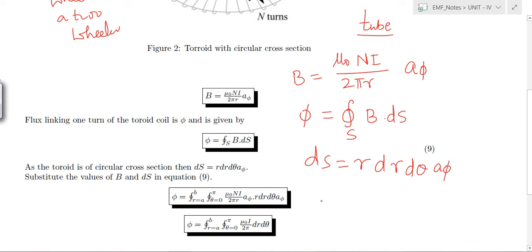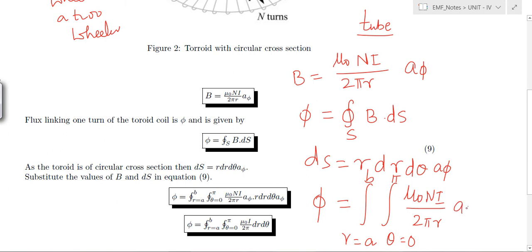Now the total flux is the integral where r varies from a to b and phi varies from 0 to pi. Now we substitute the value of B, mu naught N I by 2 pi r, a phi, dot r dr d theta a phi. The dot product of a phi dot a phi is equal to 1.